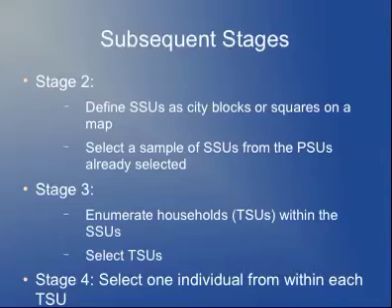So yeah, complicated and annoying, but it's the best way to get a reasonably representative sample if you're trying to do a huge study like NHANES from a huge population like that of the entire United States.